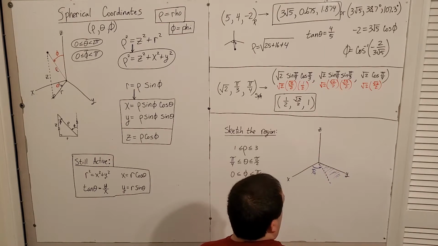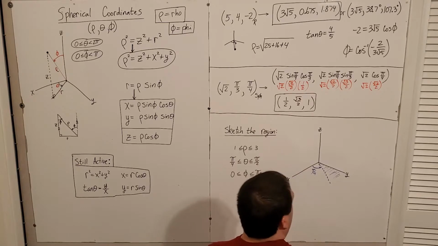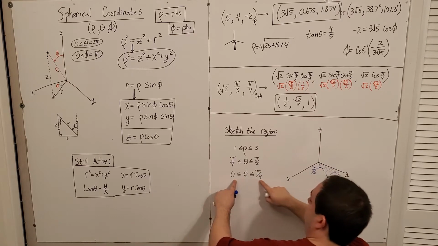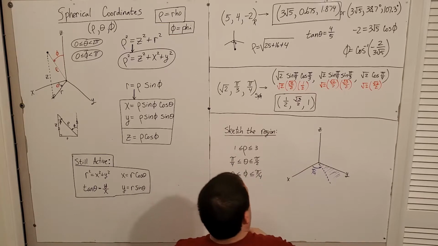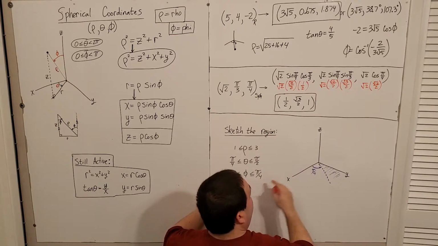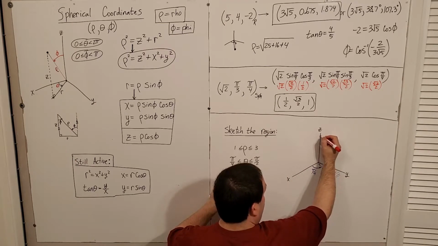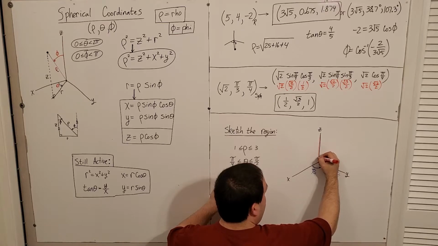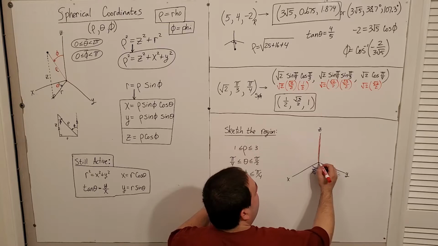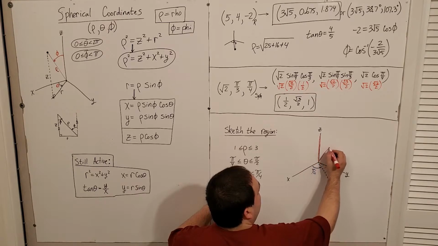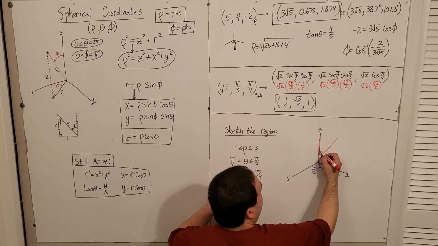Okay, so then on top of that, I'm going to rotate my phi angle from 0 to pi over 4. So phi equals 0 is the z-axis. That's here, right? That's phi equals 0. And then phi equals pi over 4 is here.